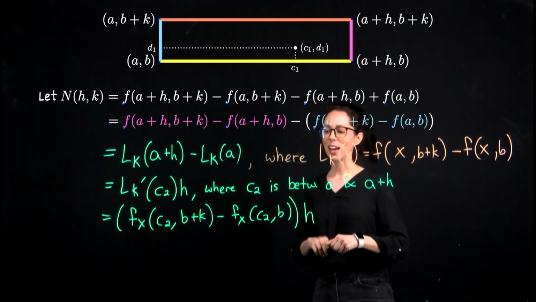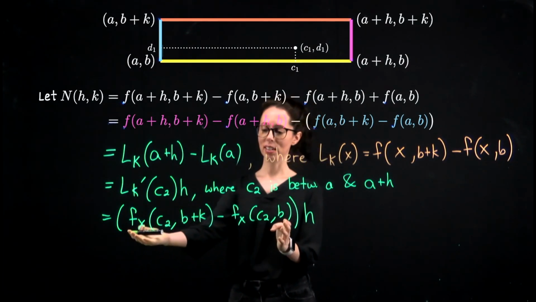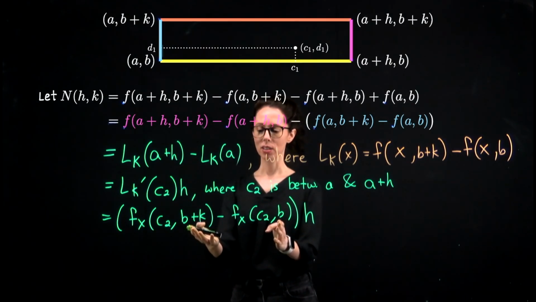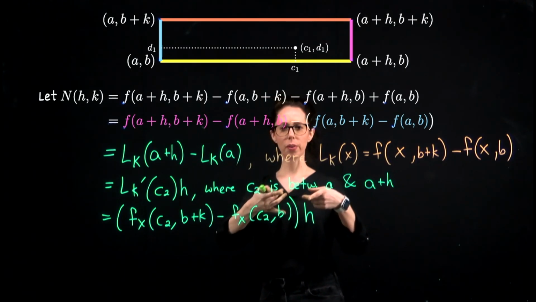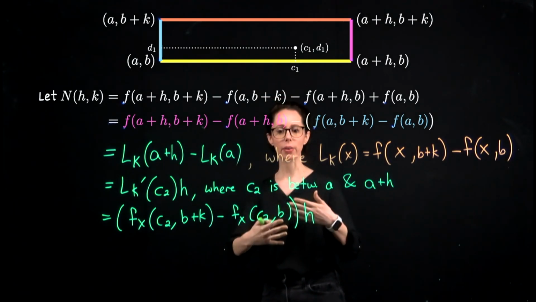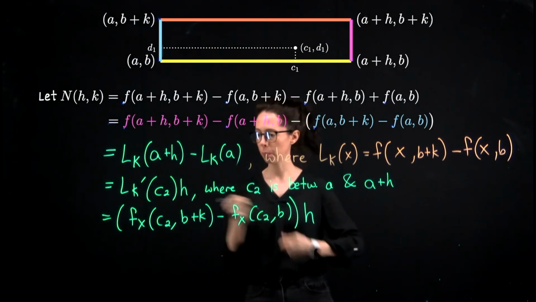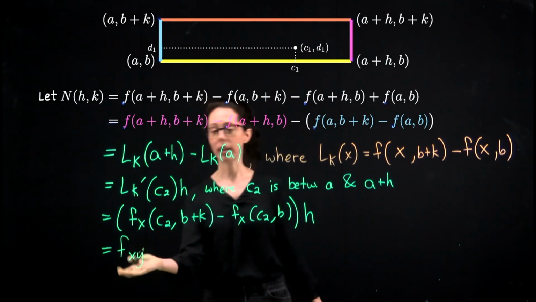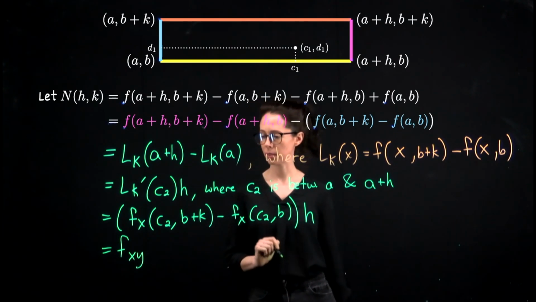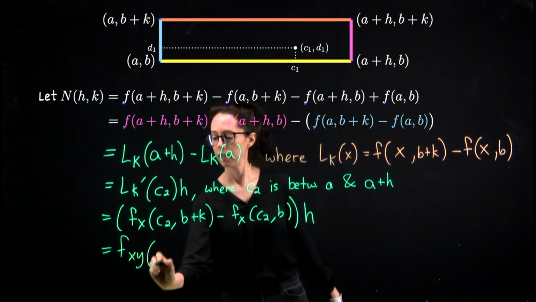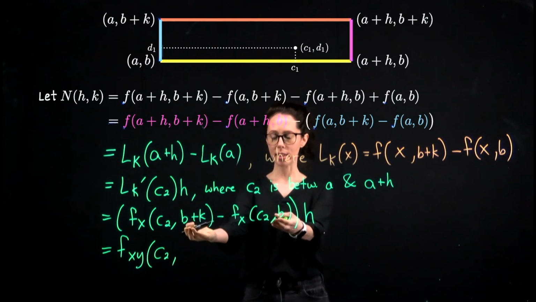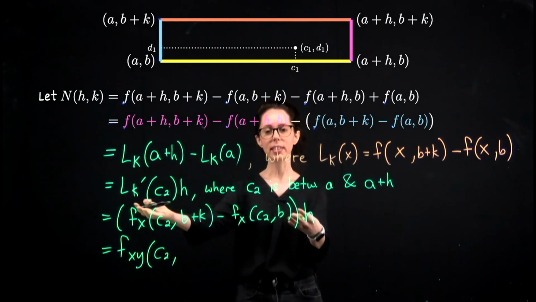Now we are looking at function outputs which differ only in the y coordinate. So we're going to pass to a derivative with respect to y via sort of mean value theorem in the plane x equals C2. So just like before, we get to a mixed partial derivative, second order. This happens in the plane x equals C2, and now we're going to say this is some kind of secant slope in that plane.